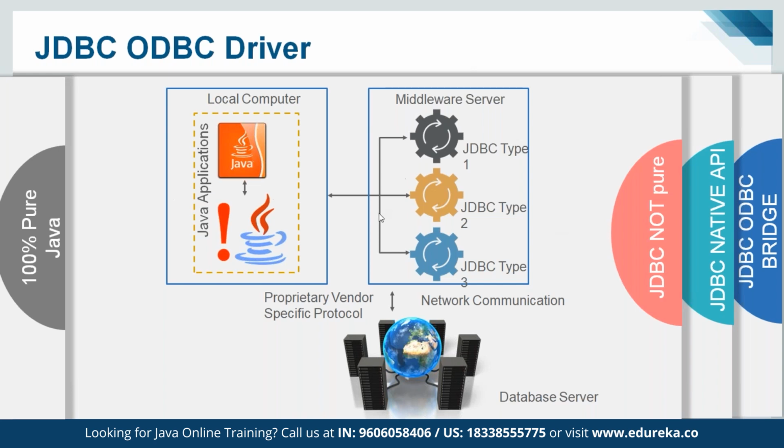For example, we started our discussion with onlinesba.com. When I pass the username and password, they come to the server side program, and that server side program wants to work with the database. For that purpose, they use a type 1 or type 2 driver. This is the net protocol Java driver, a middleware server.